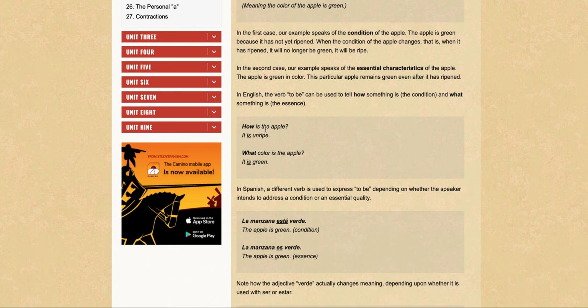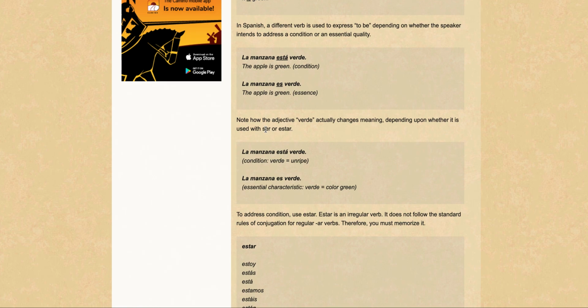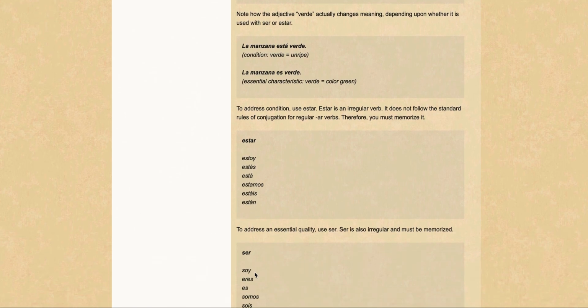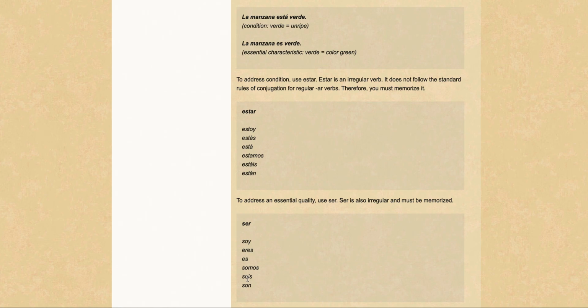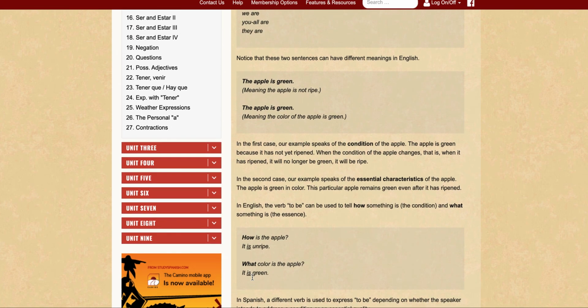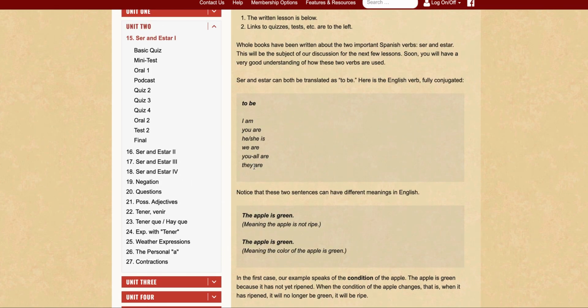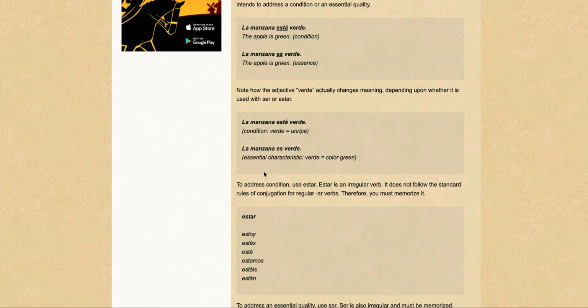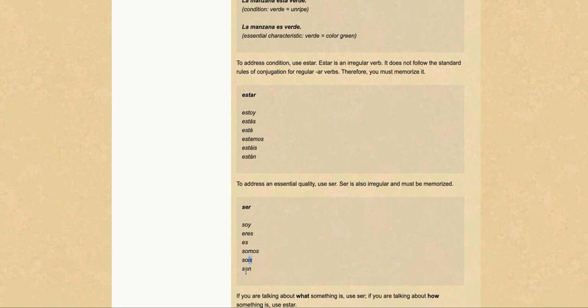So here it is: estáis, you're adding is, and sois, is. The common thing is is at the end of it. And the last one is they are. For estar it is están, you're adding an, and for ser you're adding on.